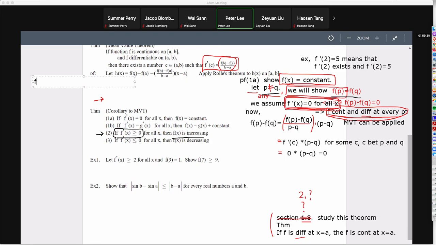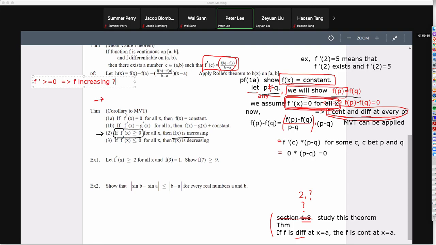The question is this: f prime is positive, then what? Then f is increasing. Is that true? Let me write this in red. Is that true?